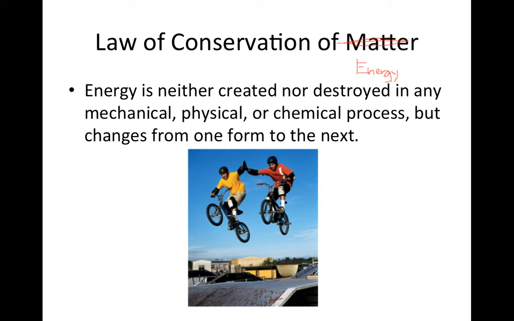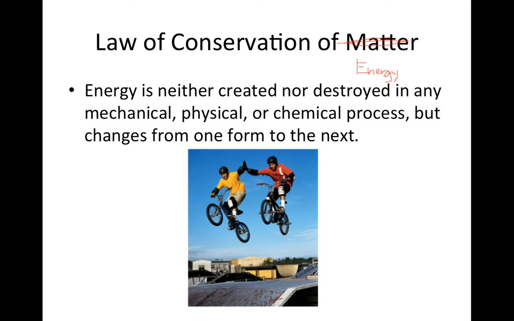When we take a look at this physical process here, we are actually taking a look at potential and kinetic energy. These guys are at a certain height, therefore they have a certain potential energy, and as they fall, that falling causes them to change potential energy to now kinetic energy.